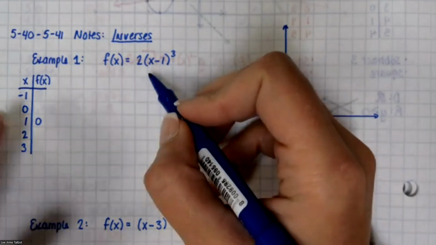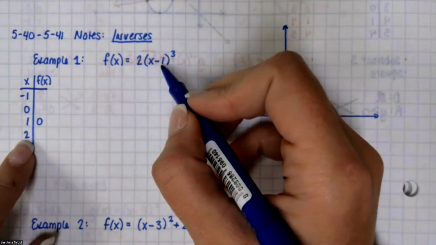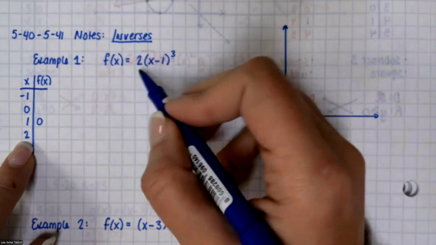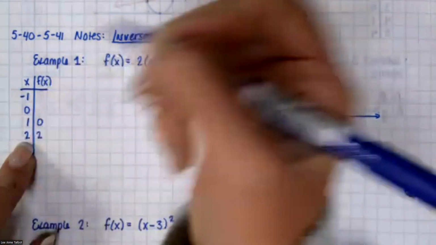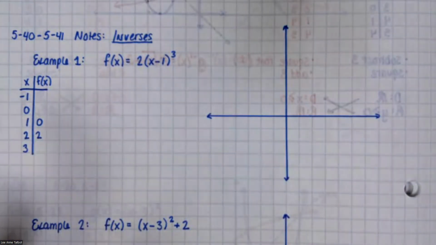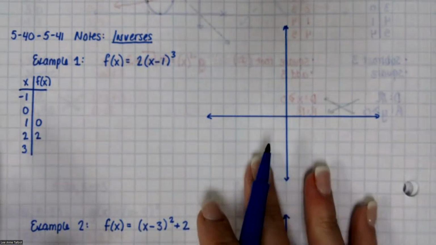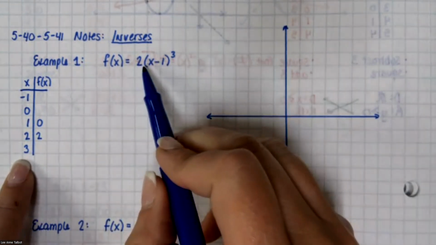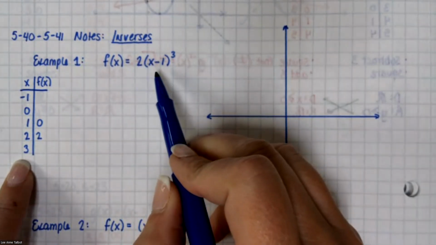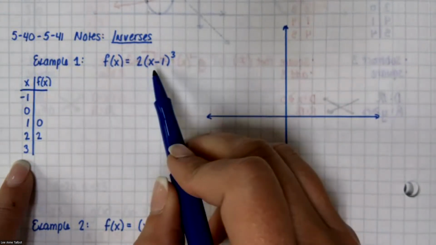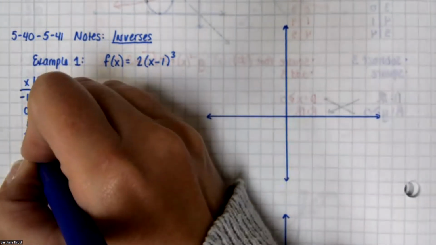Okay, so let's see. 2 minus 1 is 1. 1 cubed is 1 times 2 is 2. But when you do this, this is not necessarily symmetric. It is, but a cubic doesn't come back up. It goes down. So we actually have to plug them in. So 3 minus 1 is 2. Cubed is 8. This is going to be large. 16.